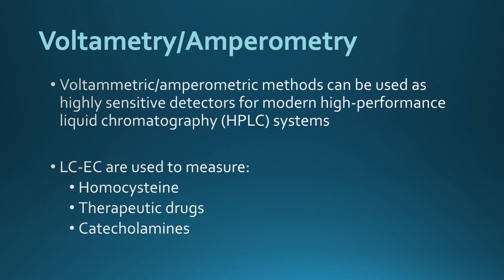There are many different analytes that can be measured by liquid chromatography electrochemical detectors: homocysteine, therapeutic drugs, anti-epileptics, some antibiotics, amoxicillin. Many different analytes can be measured by this method. Catecholamines can also be measured by this method.